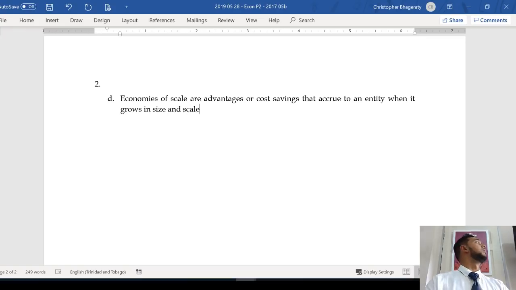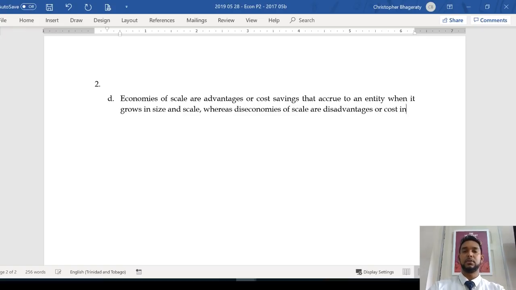That sounds like a note. Okay, right? Whereas diseconomies of scale are disadvantages. Let's keep it kind of consistent, right? Disadvantages or cost increases. Let's get it open. Let's see what it is.